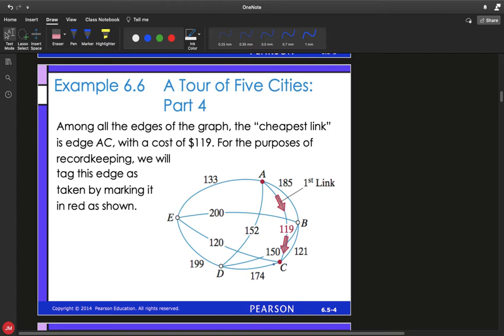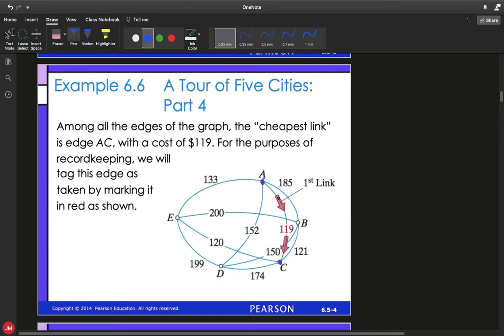I do believe the slides have a pretty good way of talking you through this, so I am not necessarily going to read word for word, but I'm going to use the slides primarily to explain this to you. So step number one for cheapest link is we're going to find the absolute cheapest path on our entire graph. And the cheapest edge is this one from A to C, which they've got for us right here.